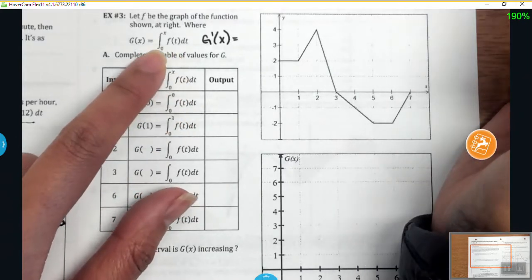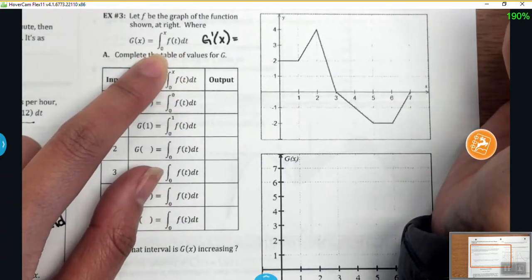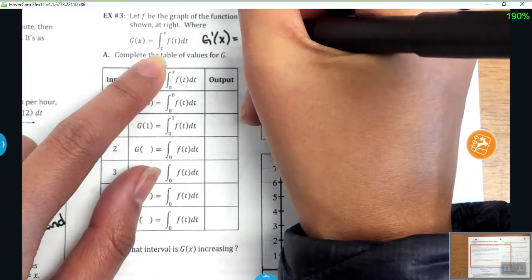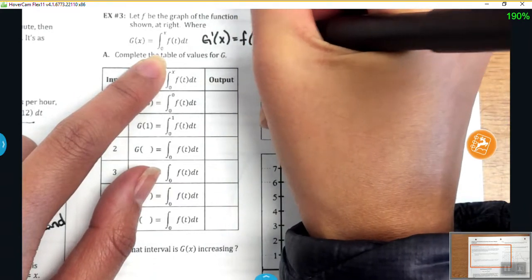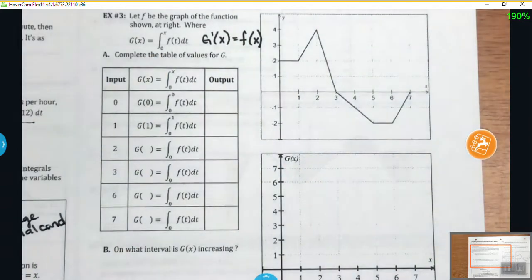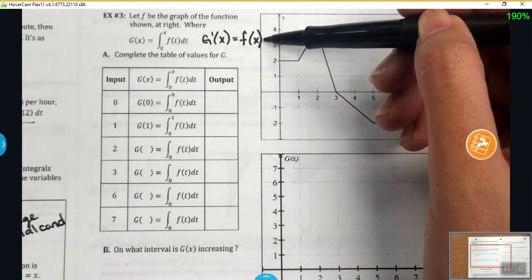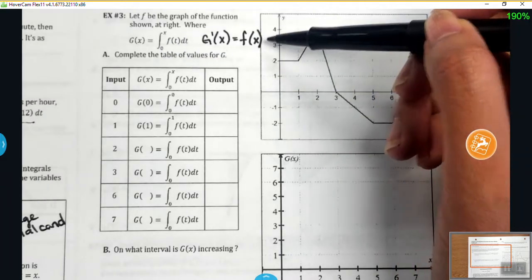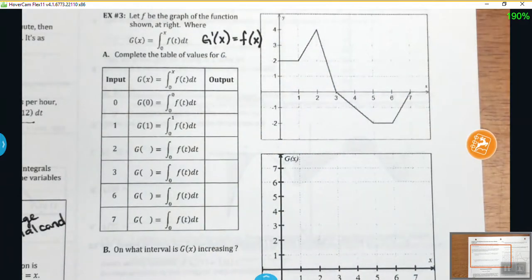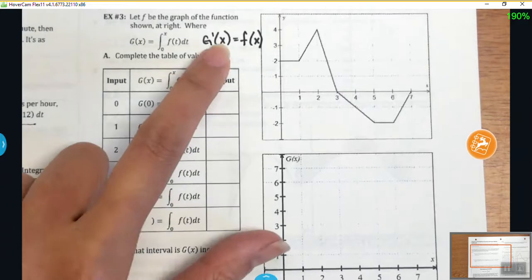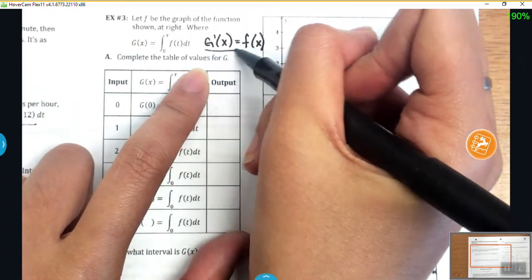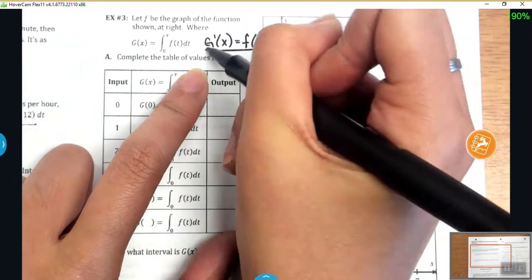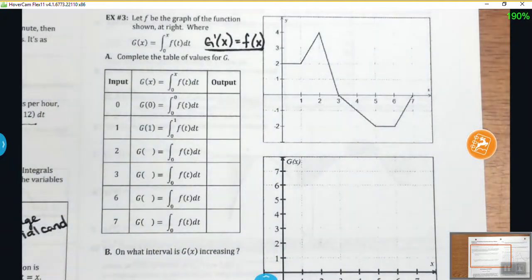If I took the derivative of this integral, by the fundamental theorem of calculus, it's just f of x. I'd multiply by 1, and the derivative of f of 0 is 0. So we just have f of x. Make sure you make this statement, so that anything you're referencing, you have this statement already here.